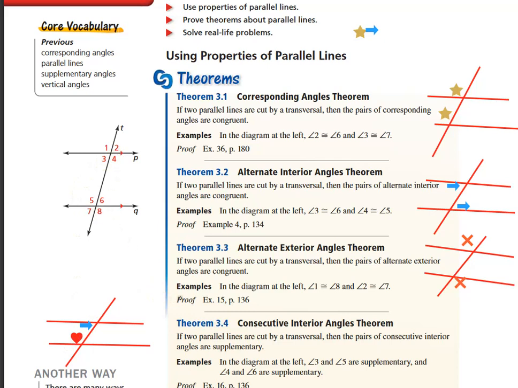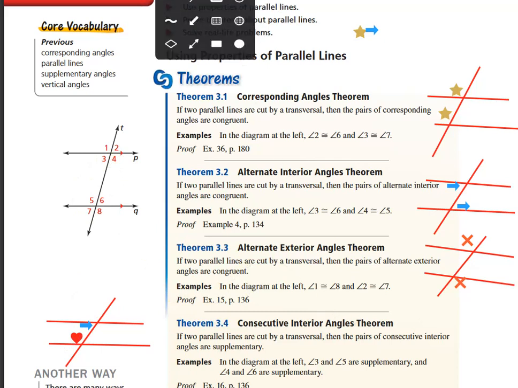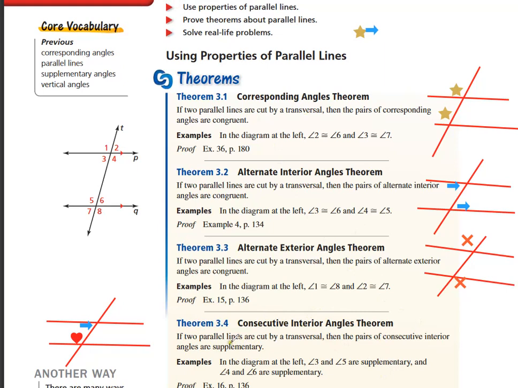They're not equal, but they do add up to 180. They are supplementary. See what they say, supplementary? That means that they add up to 180. That is the essential information for everything you're going to do in this unit.